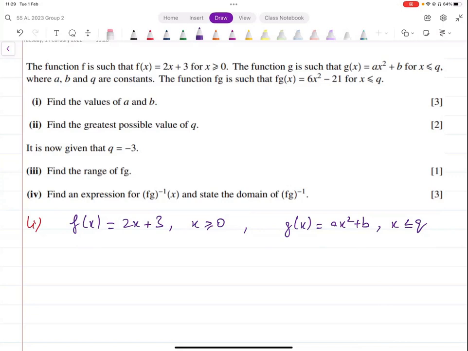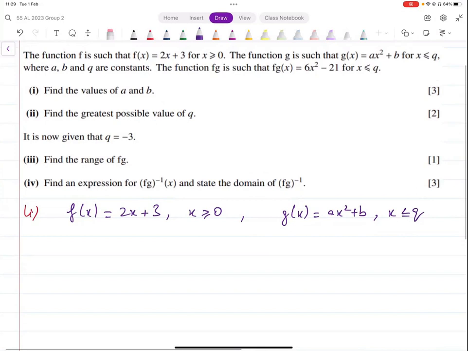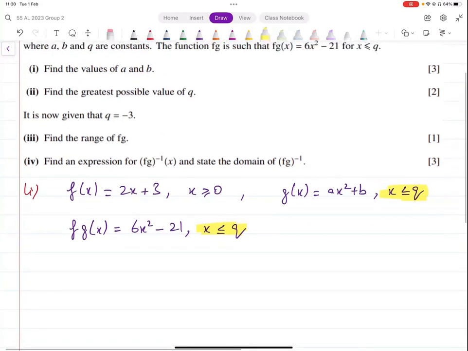A, b, and q are constants here. You're also given the composite function fg. Fg of x is 6x squared minus 21, and the domain for that is x less than or equal to q. You see, this domain of the composite function is the same as the domain of the inner function, right? The domain written for the inner function is the same domain as the composite function. So they will always be the same.